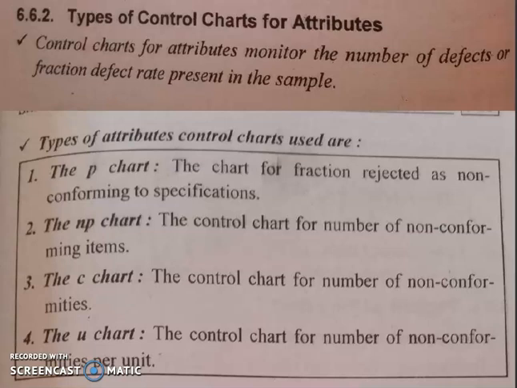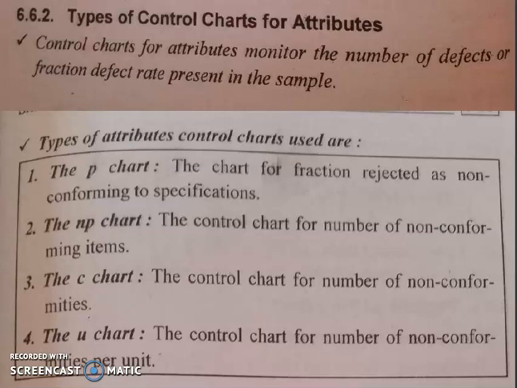For example, the table may have length as a defect, weight as a defect, height as a defect, or width as a defect. It may have one or more defects. But even if it has one defect, the entire table is said to be a defective table. So this is the difference between these two concepts.